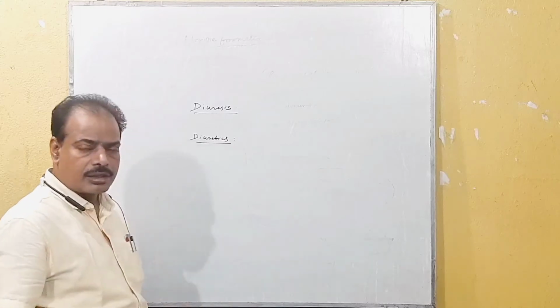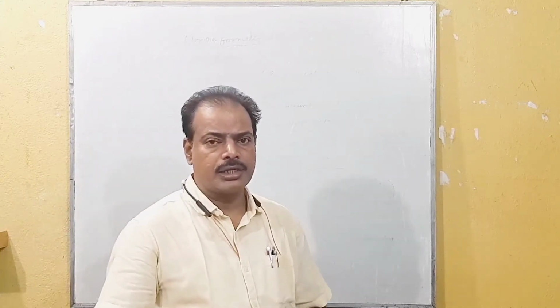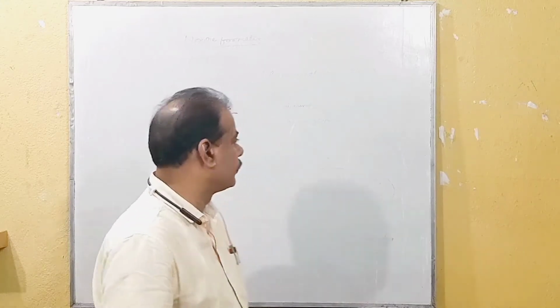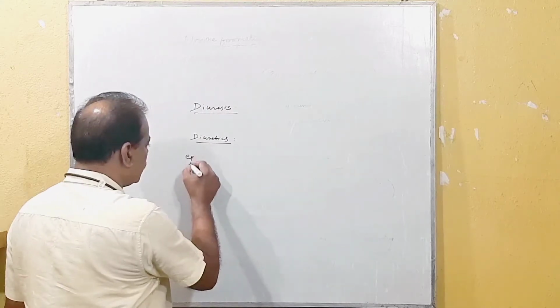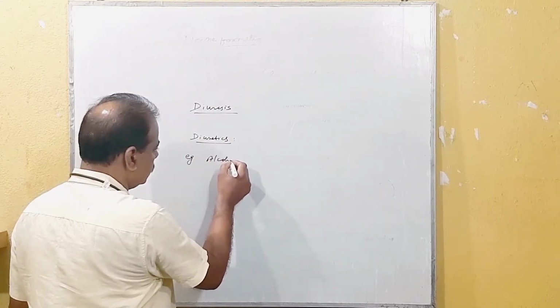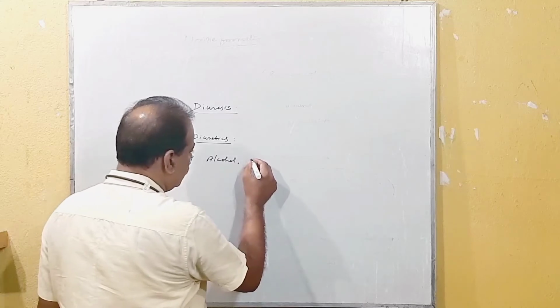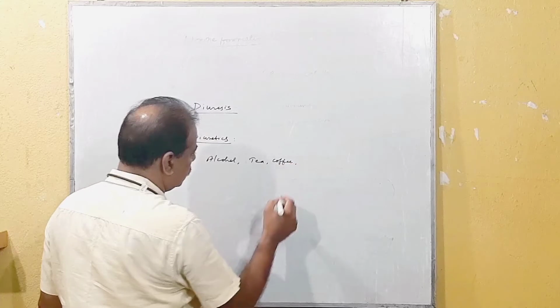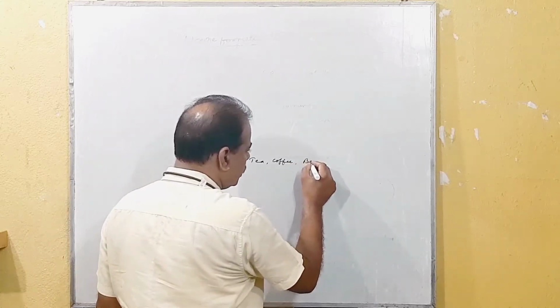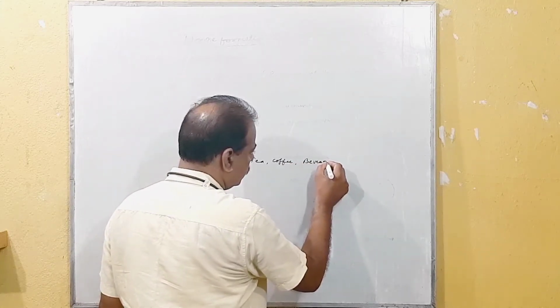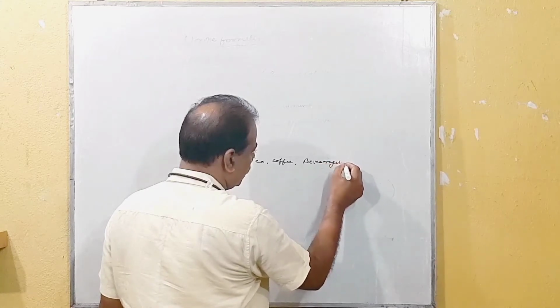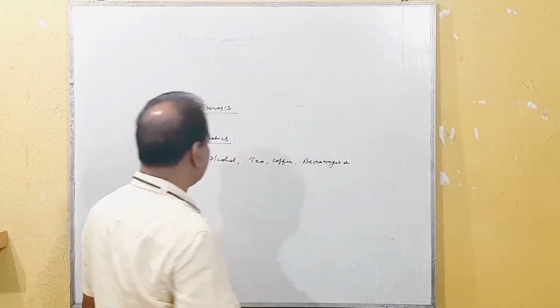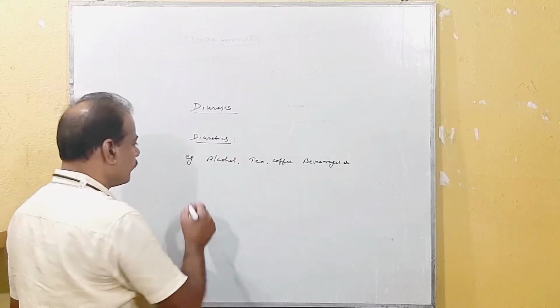Diuretics are chemical substances or food substances which help in increasing the formation of urine and its removal. Some examples are alcohol, tea, coffee, beverages, etc.